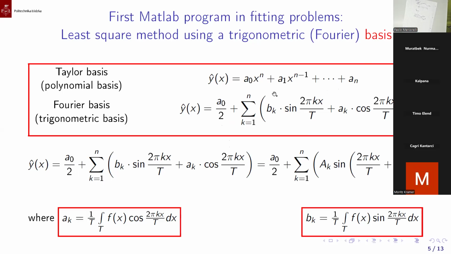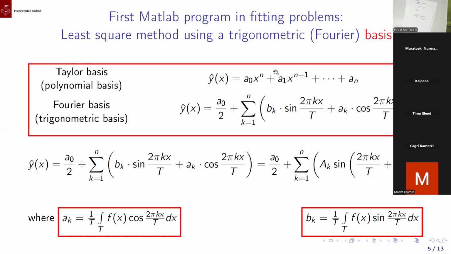Then we can see that we have elements which depend, in this case, on k instead of n. Here we can write everything again as a sum over i, starting from 0 up to n, of a_i times x to the power i.